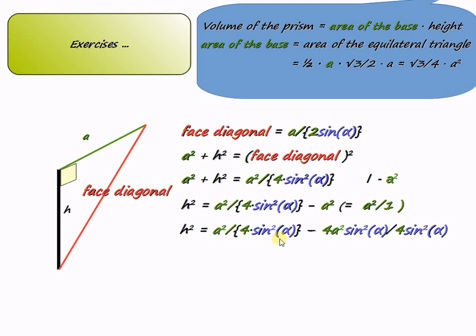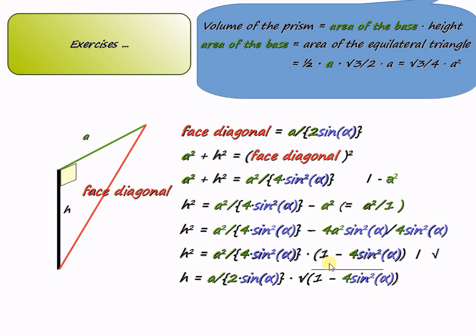Now we factor out the common term from the right hand side of the equation, which is a squared over open bracket 4 times sine squared of alpha close bracket. And finally we take the square root of both sides of the equation. This gives us the final expression for the previously unknown variable h. Let's rewrite it in the top right corner.